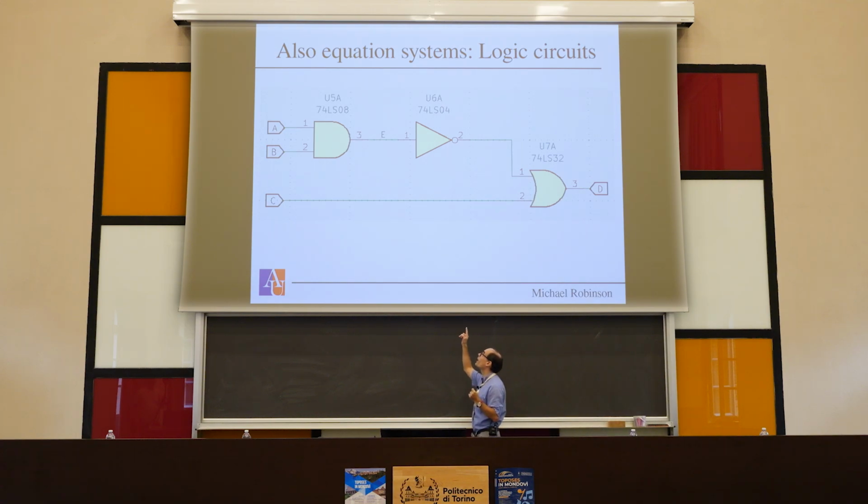And the triangle guy in the middle with the little circle on the end, actually the triangle is kind of irrelevant to the logic. The circle is what the engineers read as the NOT. This is a NOT gate, an inverter. So effectively what this circuit does is it takes A and B, it computes their AND, takes a NOT of it, and then ORs that with C to produce an output.